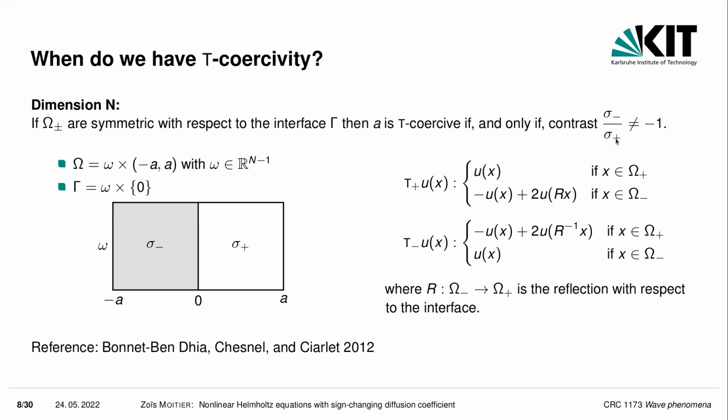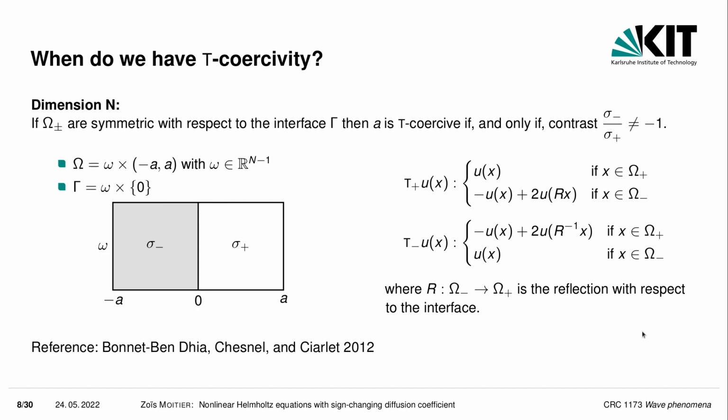And to show this is true, the T operators that you need to construct are those two, the T plus and T minus. And this T operator uses some geometric property of the interface. So here you see that the T actually depends on this R, and R is just a reflection with respect to the interface. So in that case, it's really easy. And this has been done in this paper.